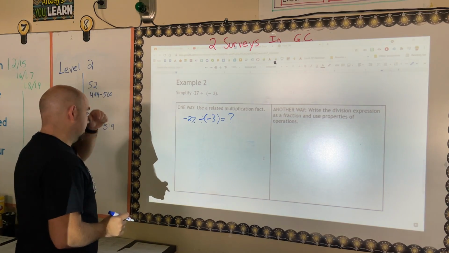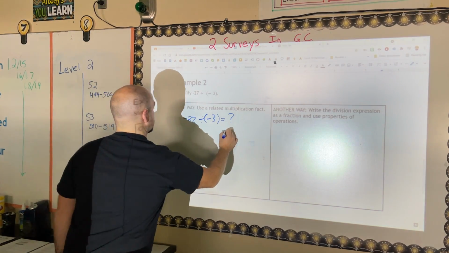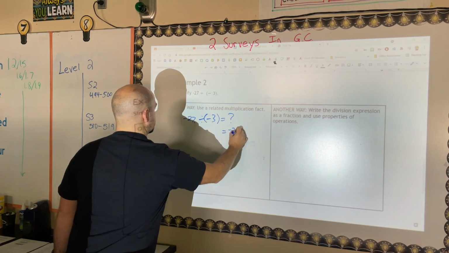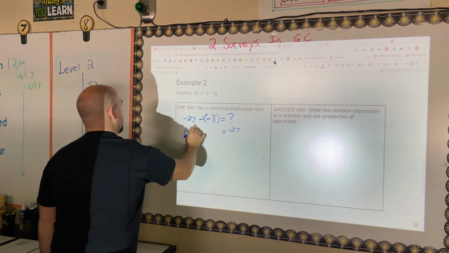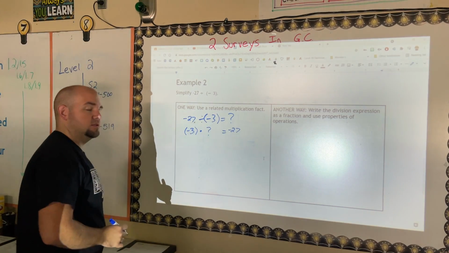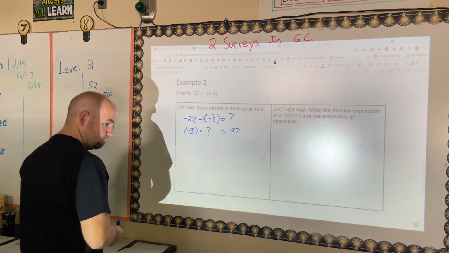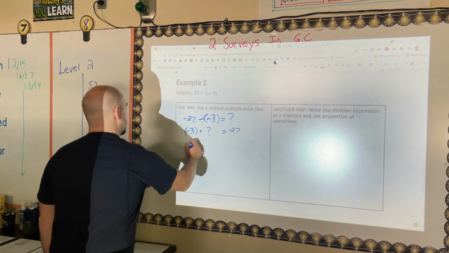Then it asks, what's another way to think about this using multiplication? Let's think about negative 27: what can I multiply by negative 3 to get negative 27? Our answer would be 9.